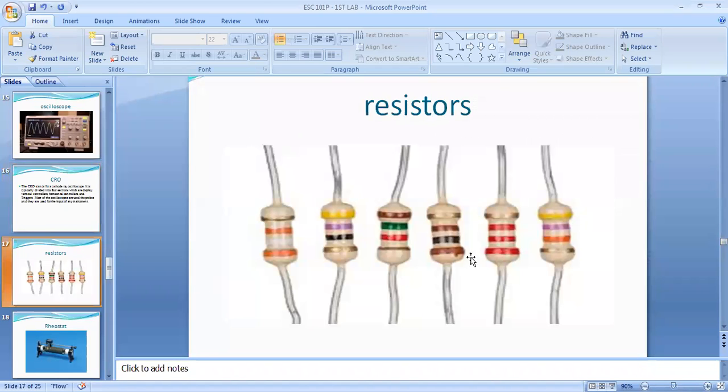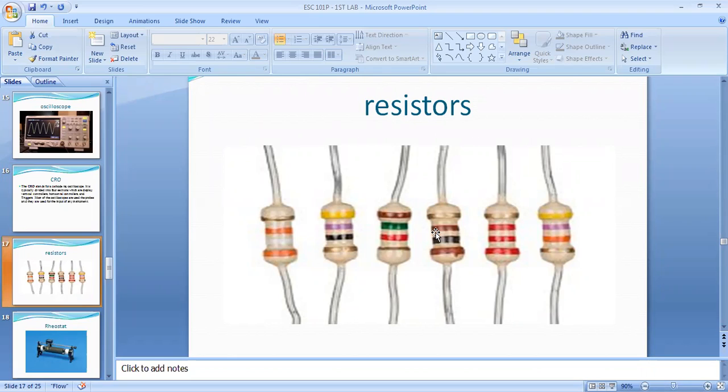Now come to another very useful instrument, that is the resistor. Can anyone tell me what is the purpose of a resistor? Why is the resistor used?